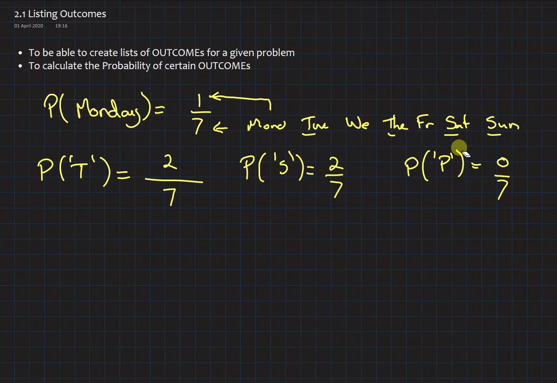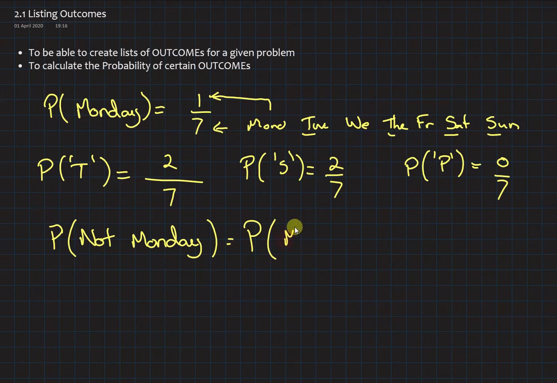So if I said, what's the probability of it not being a Monday? That's 1 minus the probability of being a Monday. So probability of not Monday can be written in 2 ways mathematically. One is the probability of Monday, but with a not after it. This little mark afterwards means not. So if you see that after something, it's the opposite. Okay.